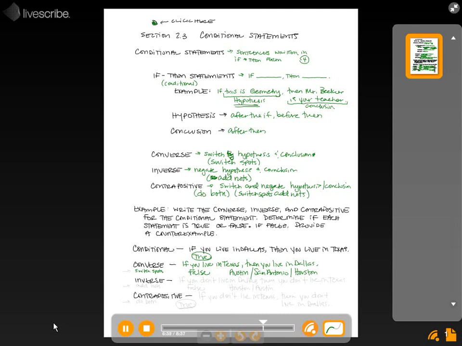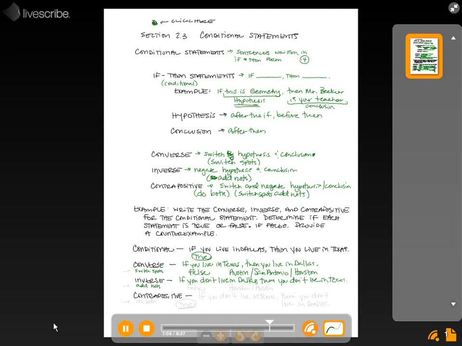Next one is the inverse. Okay, so we add knots for this one. We're going to negate the original one. And it would be if you don't live in Dallas, then you don't live in Texas. Okay, so let's think about that.